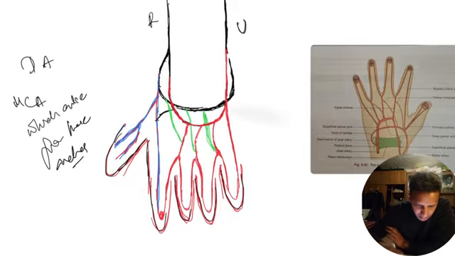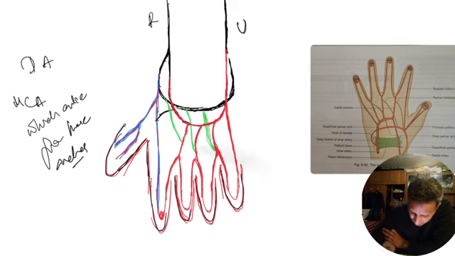So it is giving off the first digital artery, right? And this is the second, between the third, fourth and fifth digits. So it gives off a medial branch and a lateral branch to the respective digits.